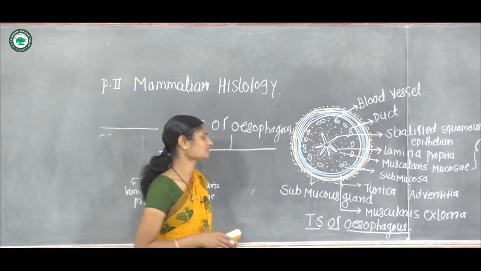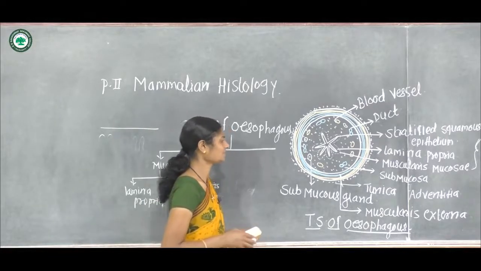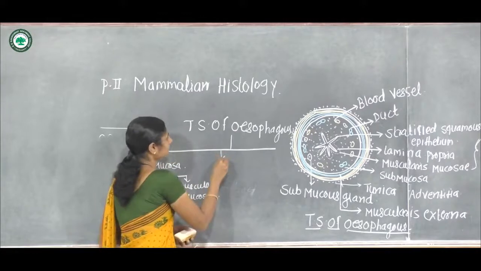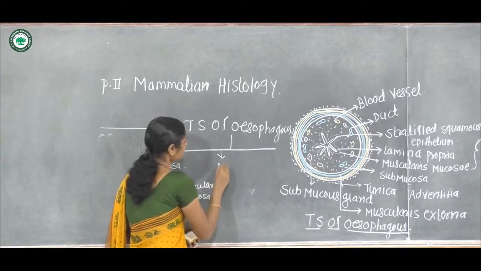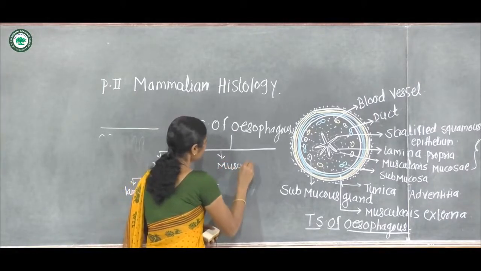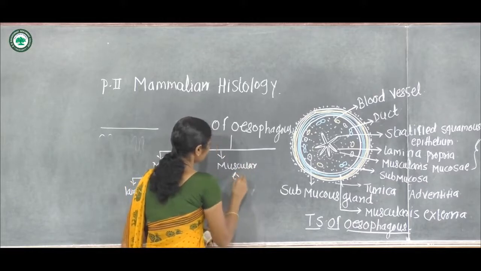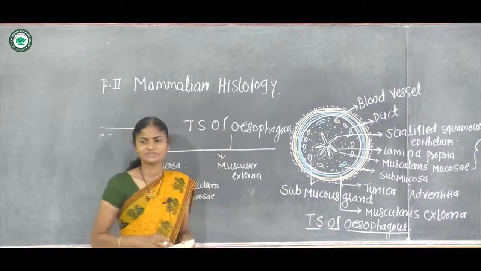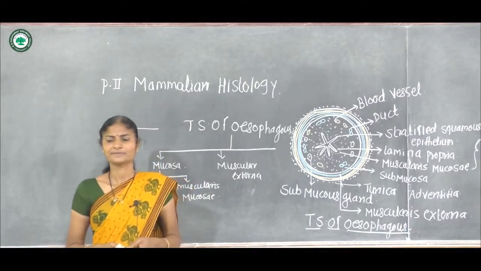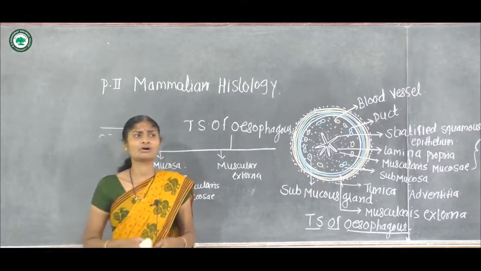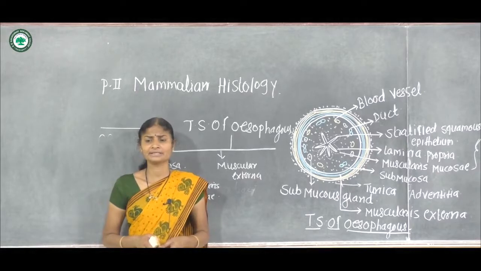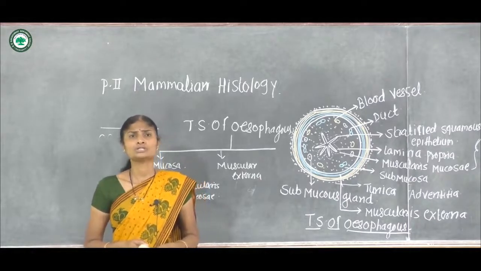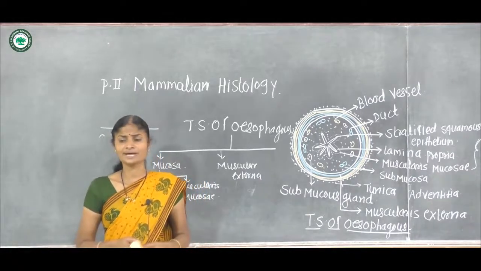Next layer is muscularis externa. This muscularis externa layer is a thin layer, and it consists of inner circular and outer longitudinal muscle fibers.